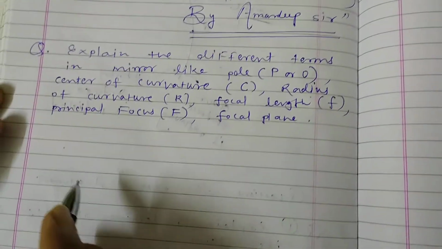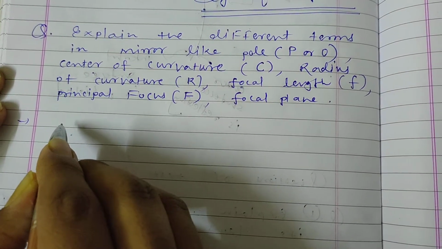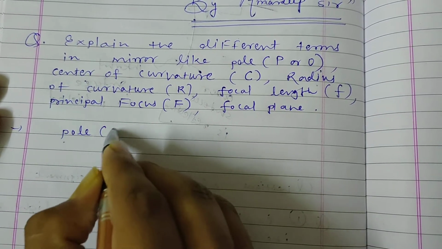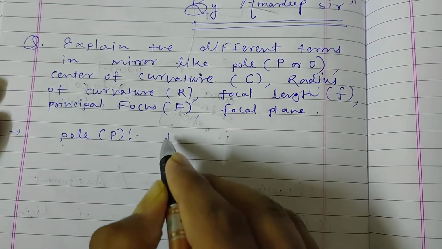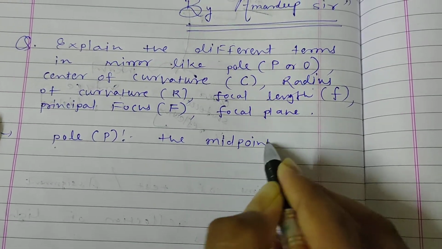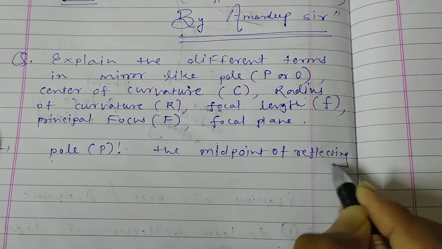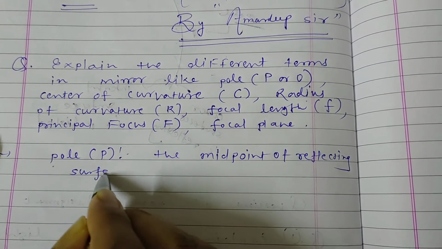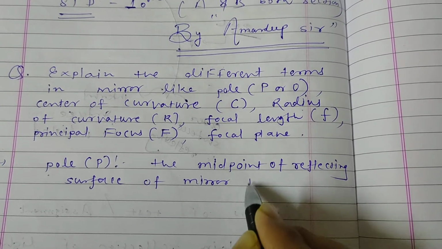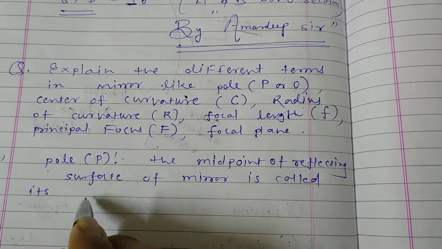So, first of all, we will start from pole. The midpoint of the reflecting surface of a mirror is called its pole.